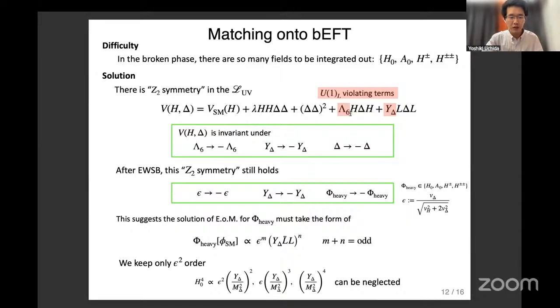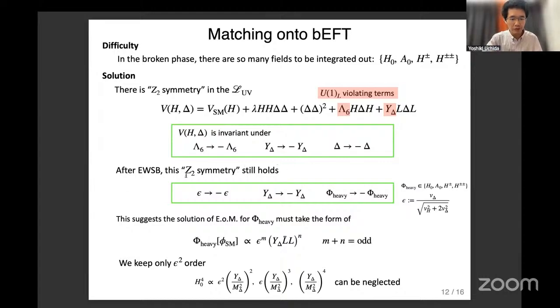So this is the scalar potential of the type-II seesaw model. And these two interactions are U(1) lepton number violating interactions. And we can easily see that this whole Lagrangian is invariant under this hypothetical Z2 symmetry. We call this a hypothetical Z2 symmetry because under this Z2, not only the scalar field, but also the parameter is transformed.